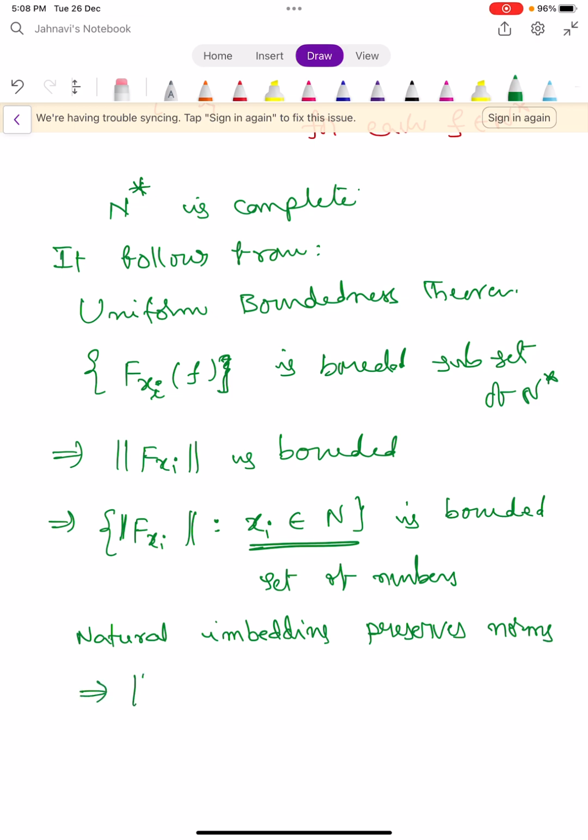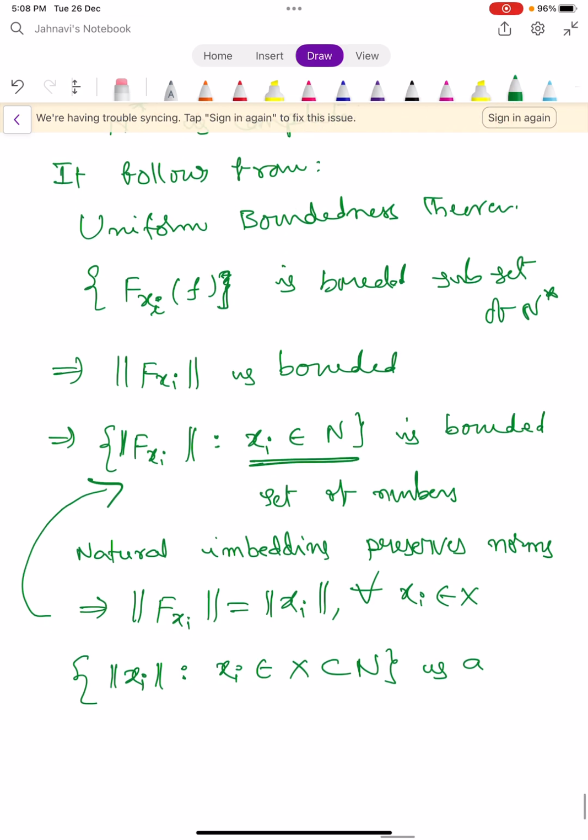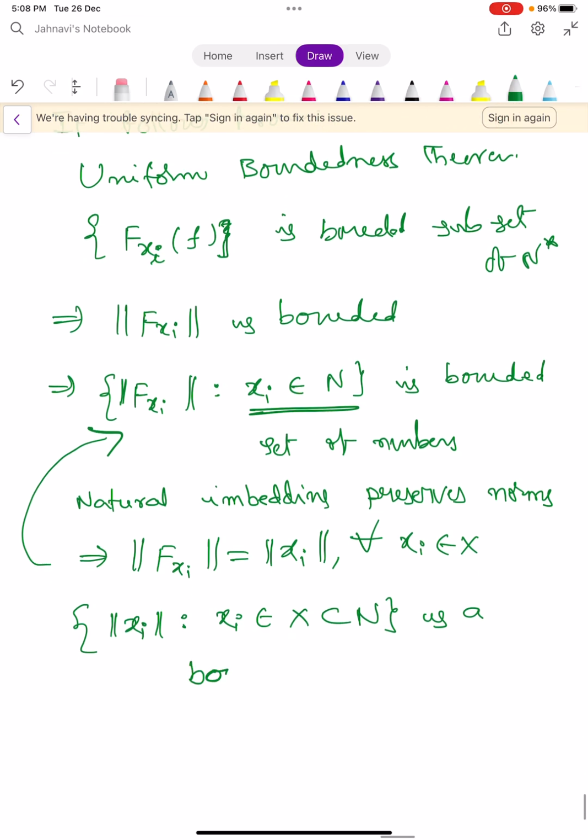This condition implies that norm Fxi is equal to norm xi for all xi belongs to capital X. So if you apply this condition here, the collection of norm xi such that xi belongs to capital X is a bounded set of numbers.